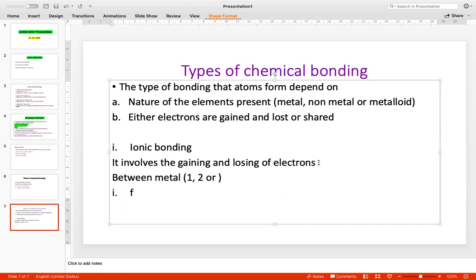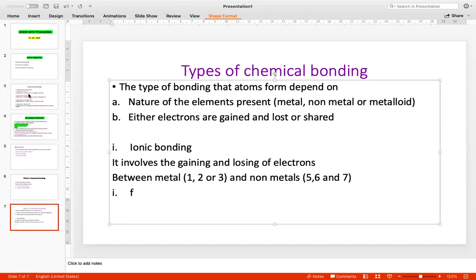Now, which ones lose electrons? Metals, with 1, 2, or 3 electrons. So it's between metals and non-metals. What do we say about non-metals? They've got 5, 6, and 7 electrons.